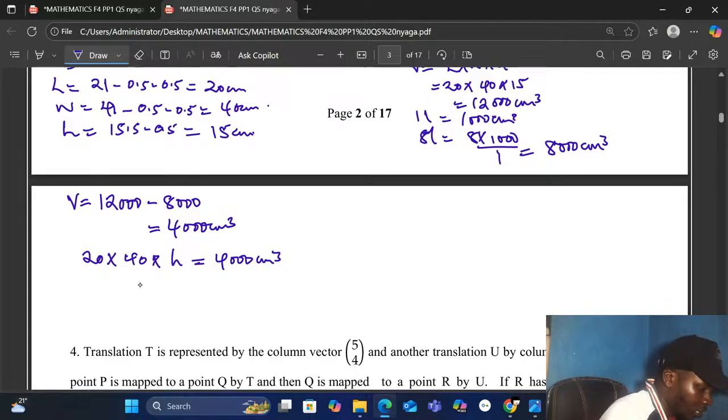So now the value of h, we shall have 800h is equal to 4,000 cubic centimeters. That is 20 times 40, 800.